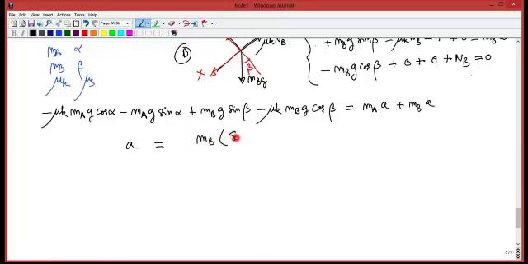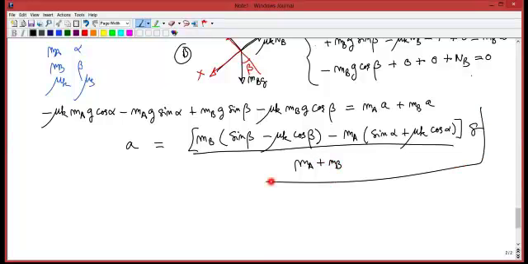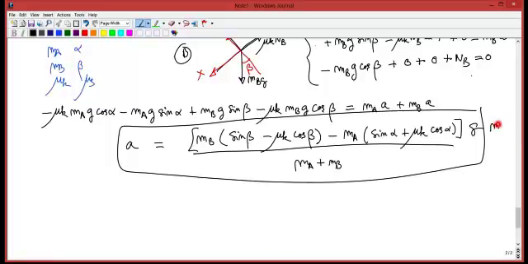We're going to have a sine beta minus mu_k cosine beta, and then negative m_A, and then we have sine alpha positive mu_k cosine alpha. And I had factored the g out. So here it is. And I divide by the total inertia, m_A plus m_B. And this is also in meters per second squared.